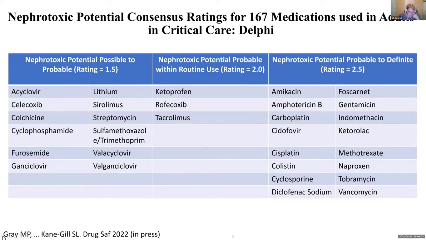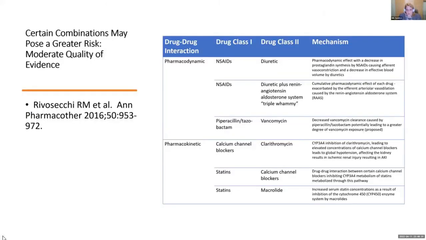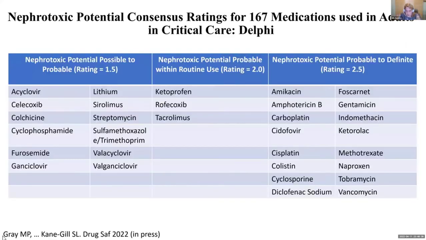This was just literally published a couple of days ago if you're interested in seeing the results in more detail. So how nephrotoxic a drug is could help you decide if a drug is more nephrotoxic than another. Maybe in a particular patient who's at risk, you go with a drug that's considered to be less nephrotoxic.